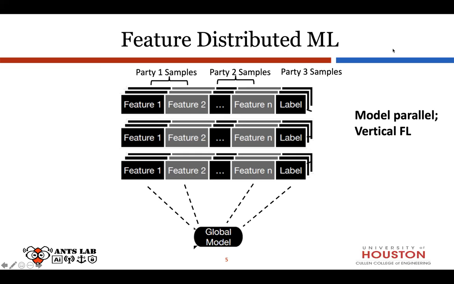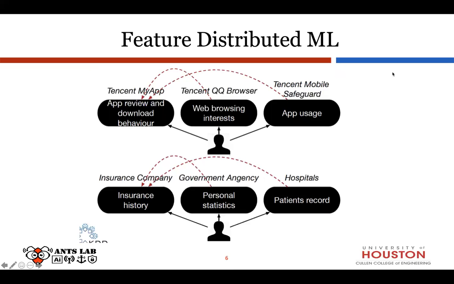And let's see some practical examples of this feature distributed machine learning. Since the authors collaborate with Tencent, they use the dataset from Tencent. They want to train an app recommendation task at Tencent My App. Tencent My App is an app store like the Google App Store or Apple App Store.